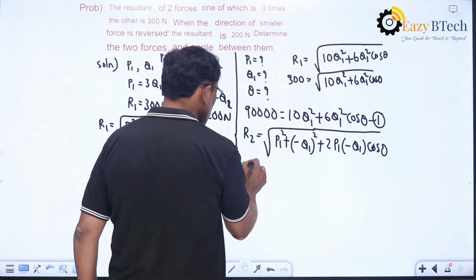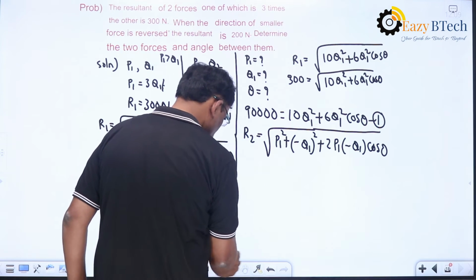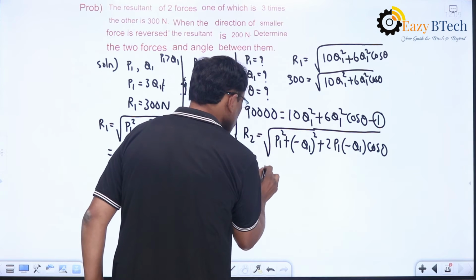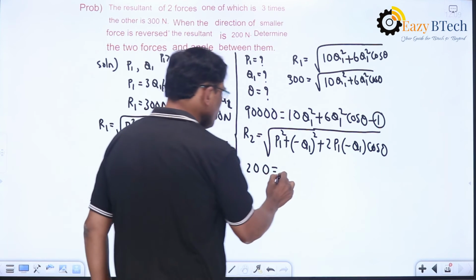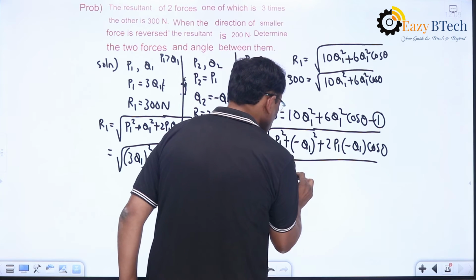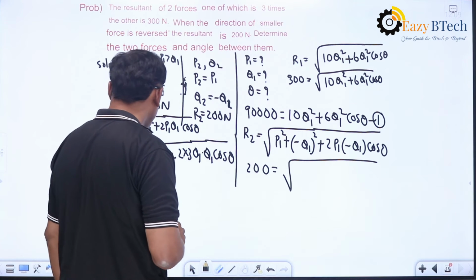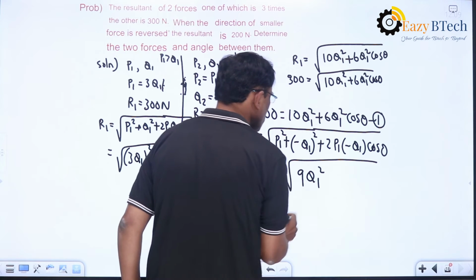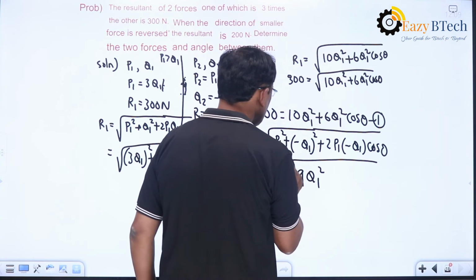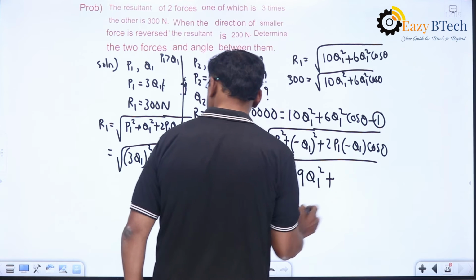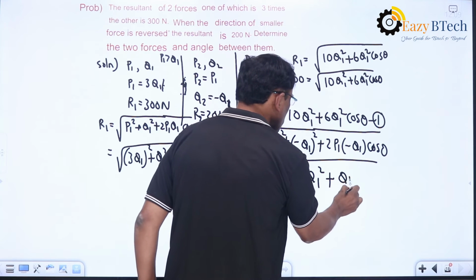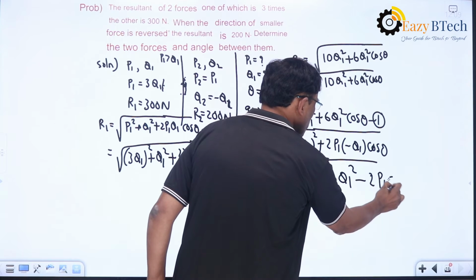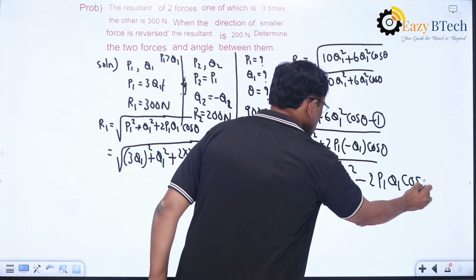So now the R2 value is 200 is equal to root over, P1 is 3Q1 square, so this becomes 9Q1 square, plus again Q1 square, minus 2 P1 Q1 cos theta.